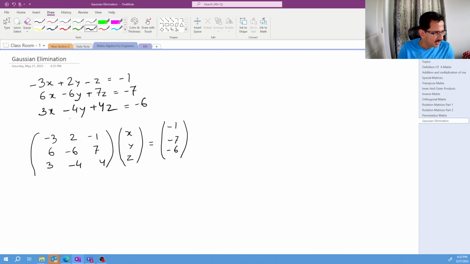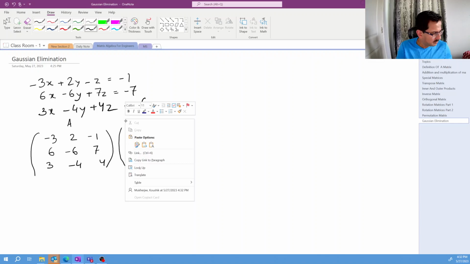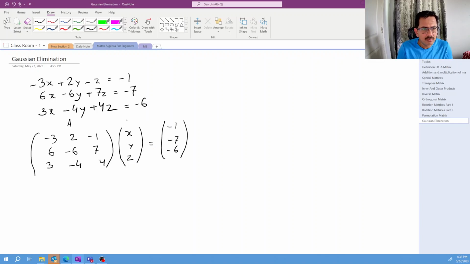We can say this is a matrix, and we are multiplying it with a vector, capital X, and we are getting another vector, B.